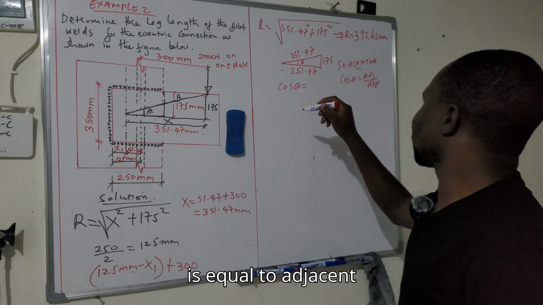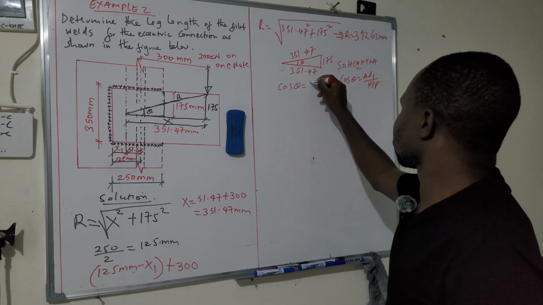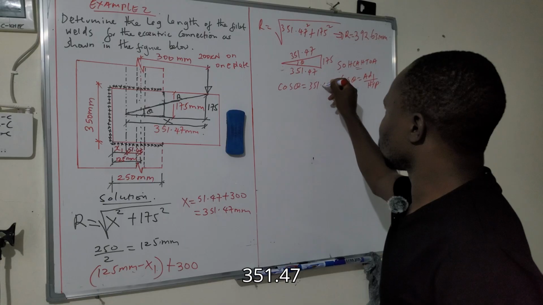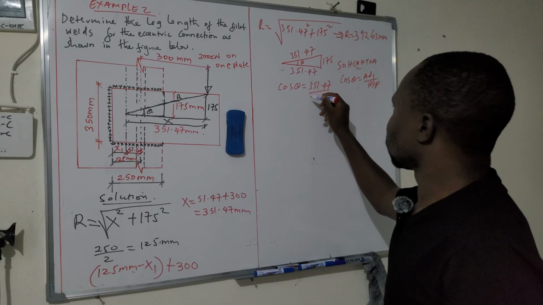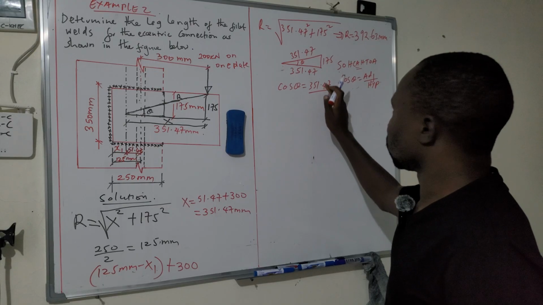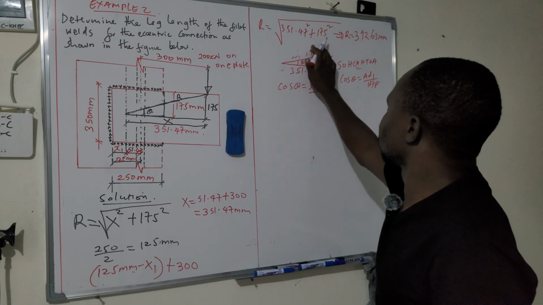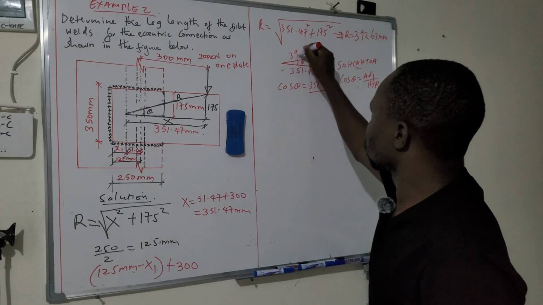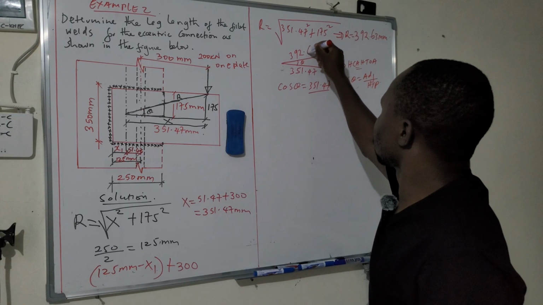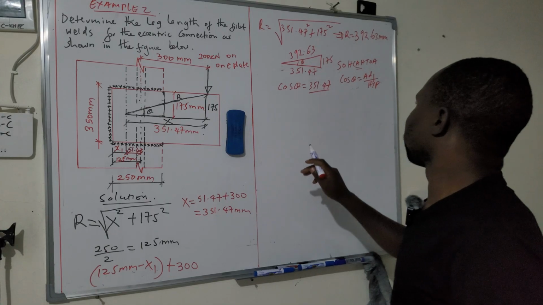So cos theta is equal to adjacent, 351.47 over, no, our radius is 392.63.